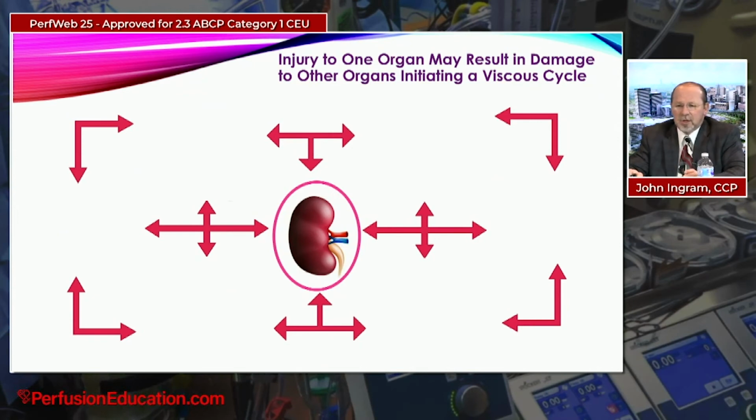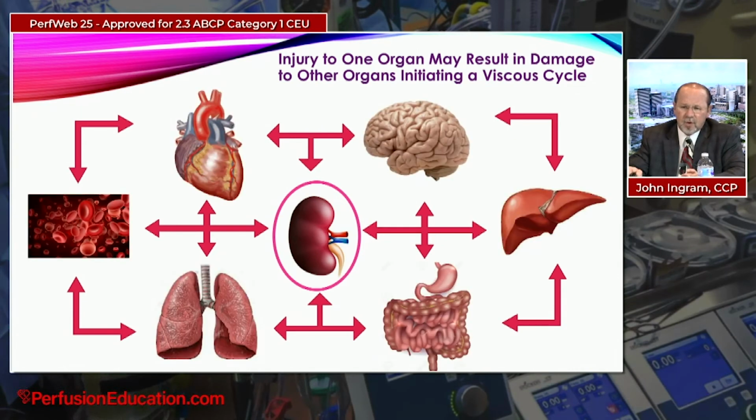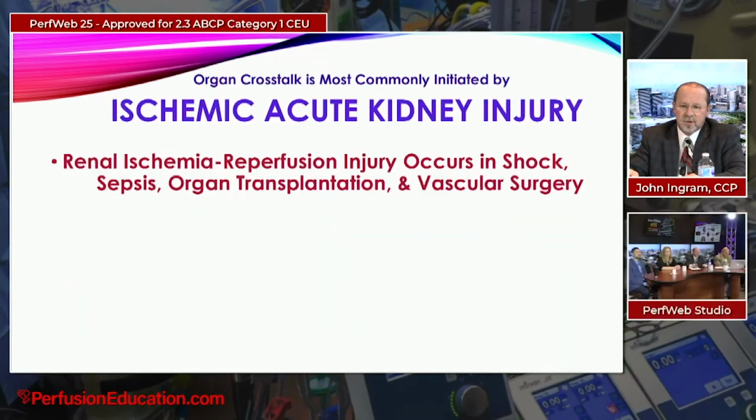So injury to one organ may result in injury to other organs. It doesn't have to go through the kidney, but the kidney is overwhelmingly the center of where most of this occurs. So you can have any interaction between any other organ. And as you can see, the kidney is usually the heart of where it starts and where it propagates from. But you can have other organ crosstalks.